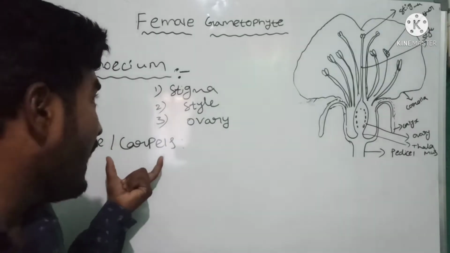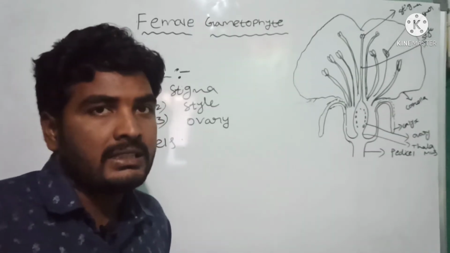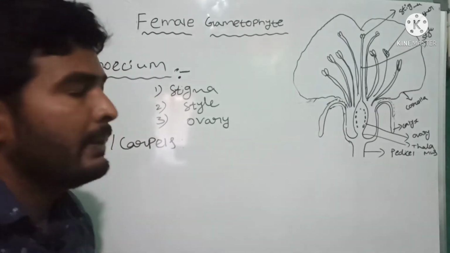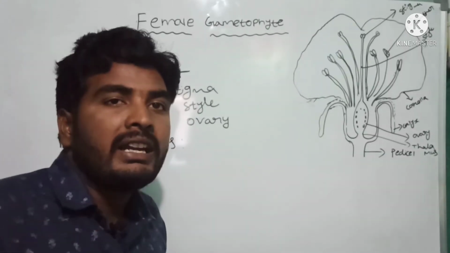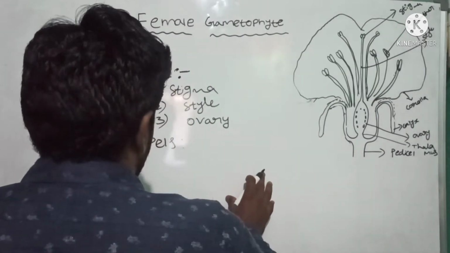So the gynoecium has one or more pistils or carpels. Each pistil or carpel is divided into 3 parts: stigma, style and ovary.